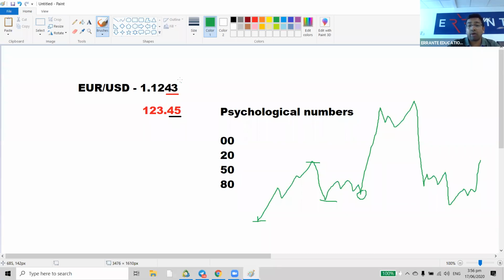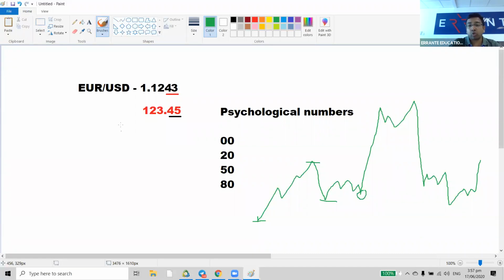But if you're thinking of buying, you want it to go up more. If the price of 1.1243 goes up and up and up, it will reach 1.1250, correct? So the closest psychological number following your direction is 1.1250. That means you cannot buy at 1.1250. You need to buy above 50.